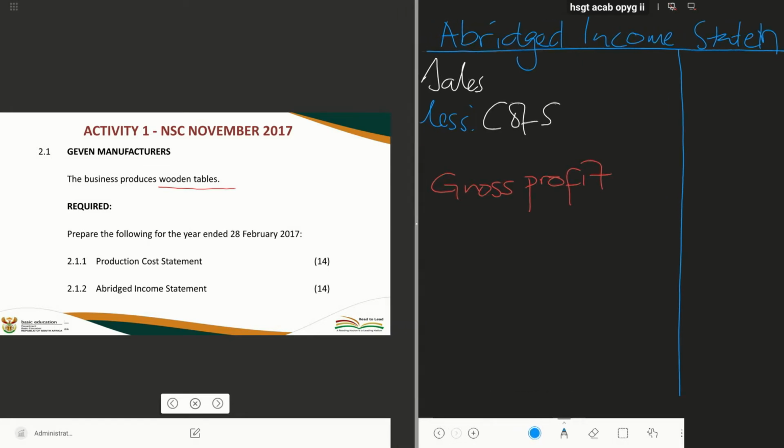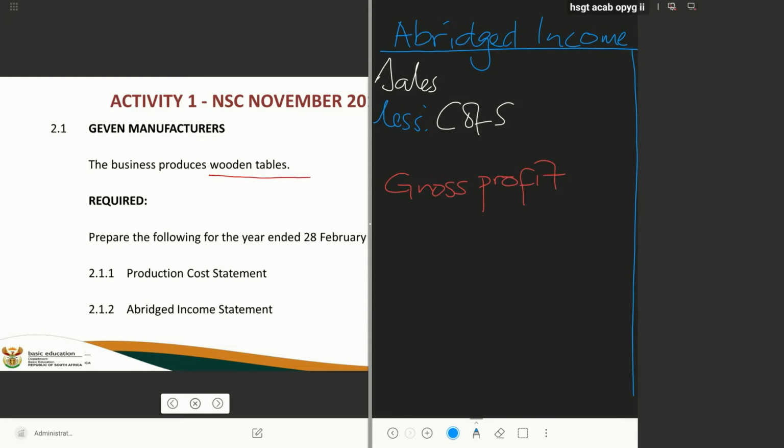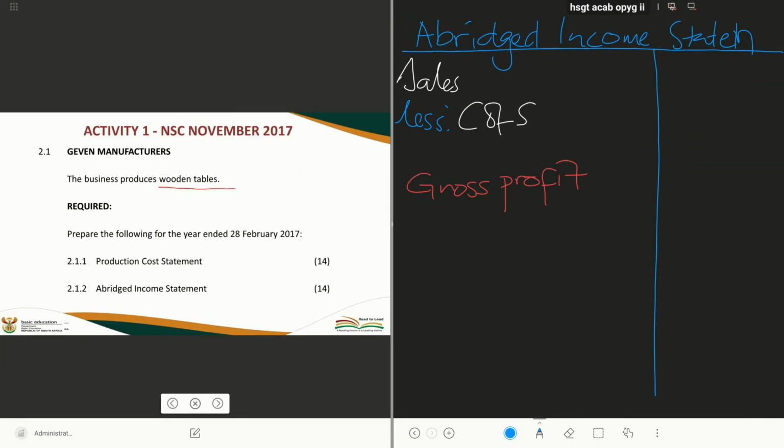Then you less your other costs. Which other costs are they? Remember we spoke about the two costs which do not affect the production.